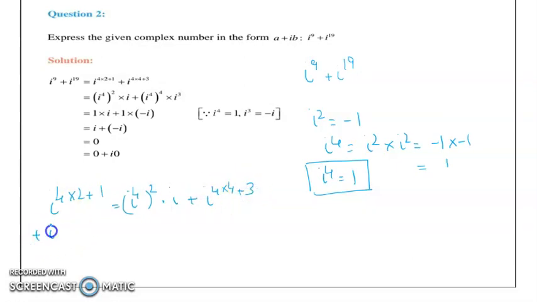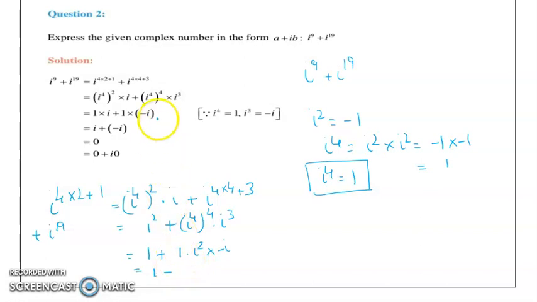This is equal to 1 square plus i4 raised to the power 4 into i cube. So this is equal to what, students? Here it is 1 plus 1 into i cube. I can split i cube as i square into i, right, students? So this will be 1, and i square is equal to minus 1, so minus minus will become plus 1.